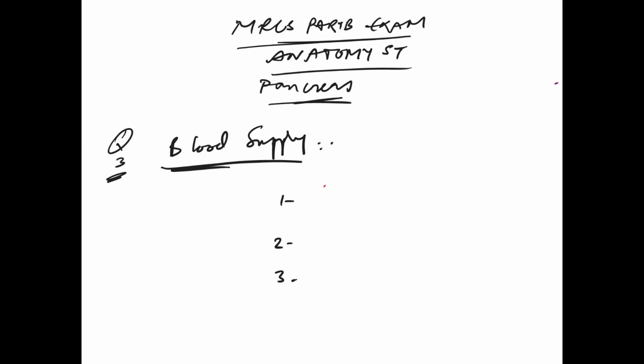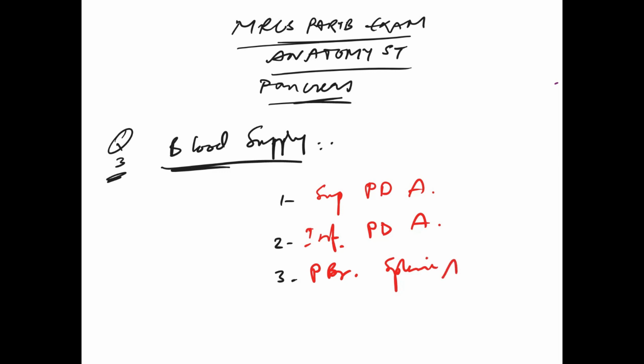They are the superior pancreatico-duodenal artery, the inferior pancreatico-duodenal artery, and pancreatic branches from the splenic artery. These are the main sources of blood supply of the pancreas, but this is not a full answer.